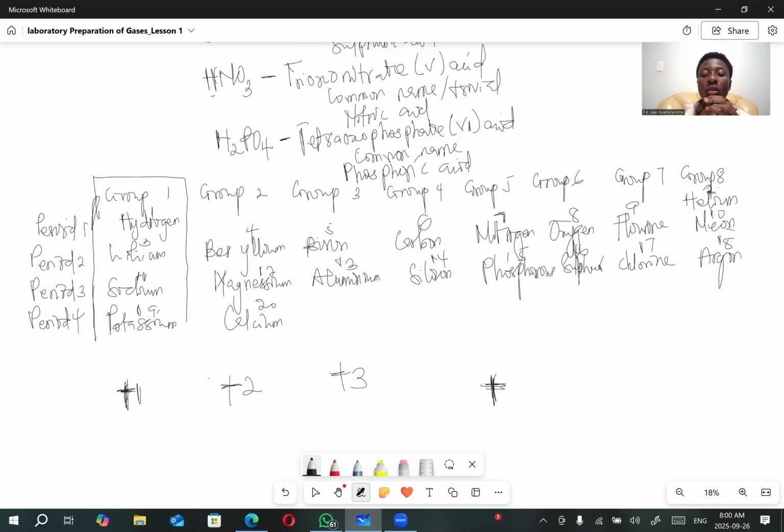All elements in group 4 are semi-metals. All elements from group 5 to 8 are non-metals.